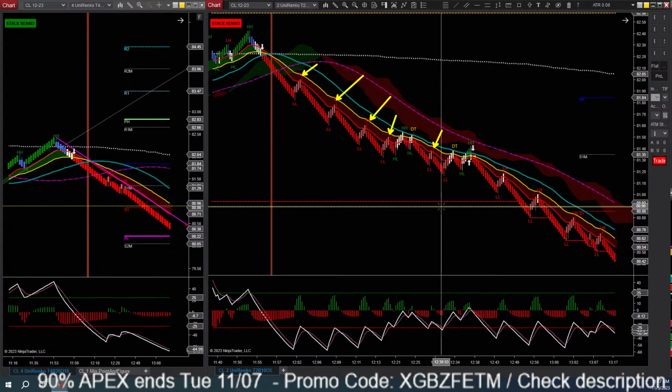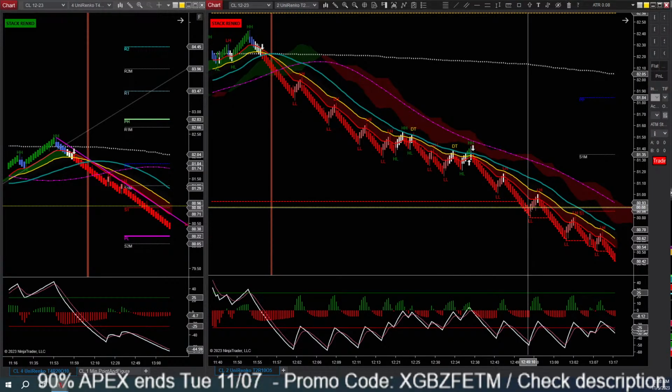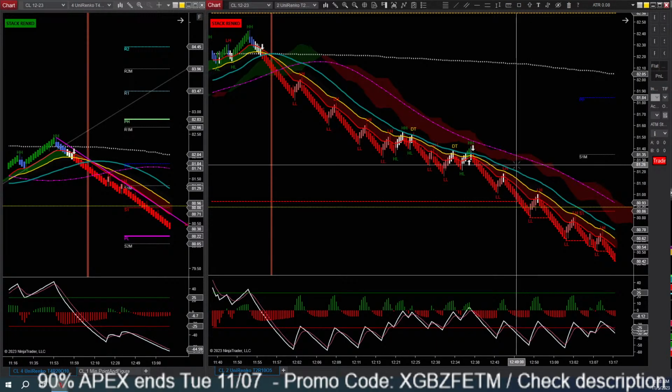This one doesn't. This one triggers the 34, and this one is the 34 as well. So price never crossed above the 34 EMA until these points here, but you do have continuation all the way down there. Okay, hopefully that makes sense.